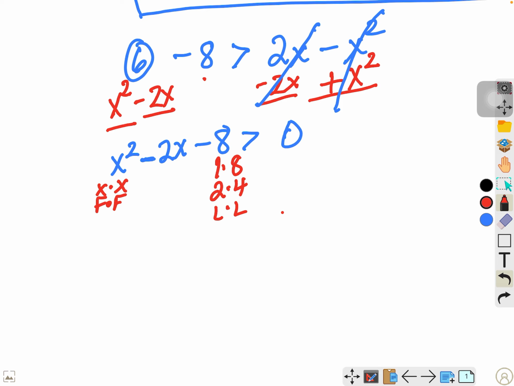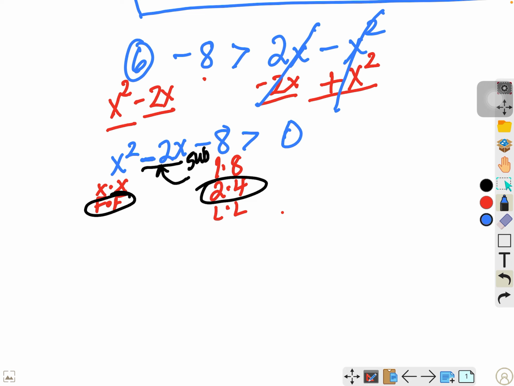Looking at our sign rules, I need to assign a pair of factors, either the 1 and the 8 or the 2 and the 4. That's going to subtract, based on this last sign on the constant, to give me 2. Okay? And that's going to be this set of factors.